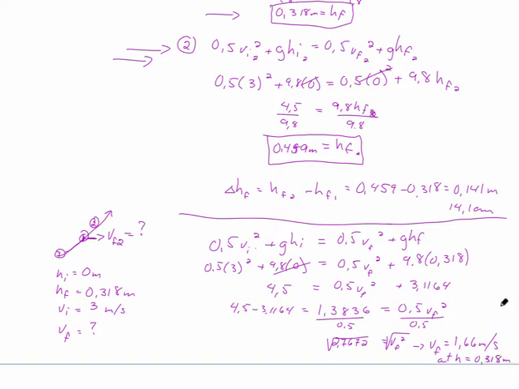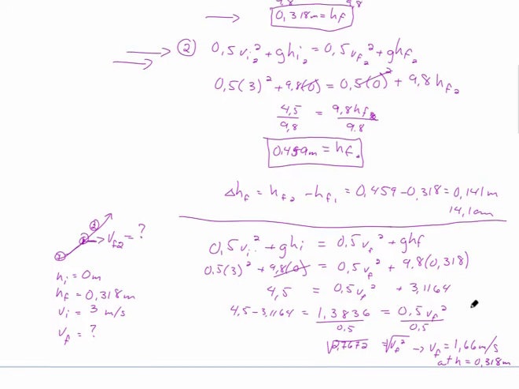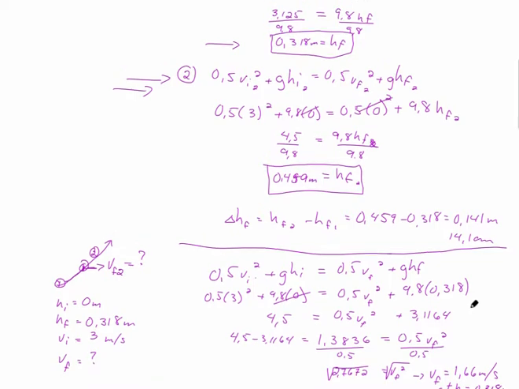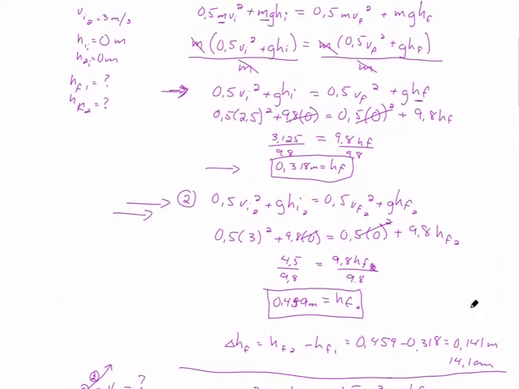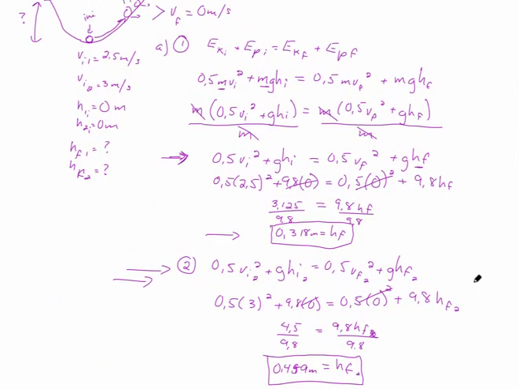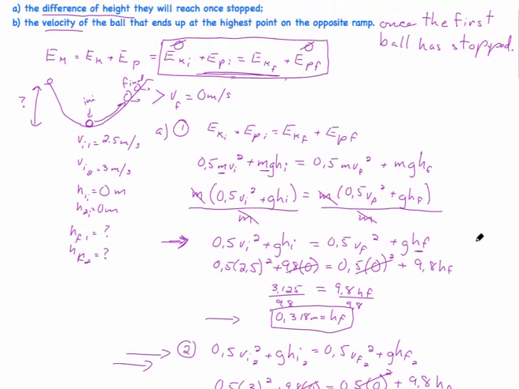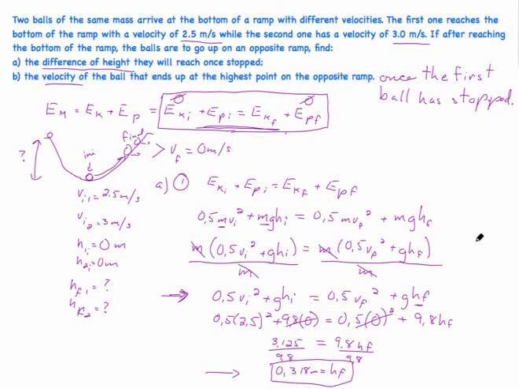So at 31.8 centimeters, my fastest ball will be going at a velocity of 1.66 meters per second. So this is how you can solve a problem for which you don't have mass and where the initial height is not necessarily 0. Hope this has helped.